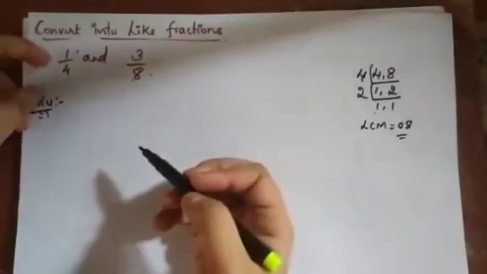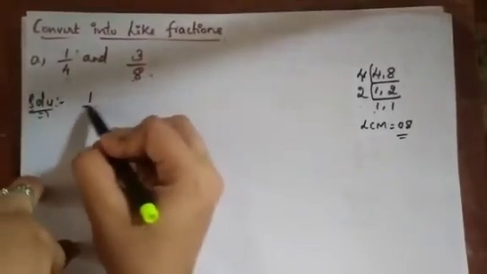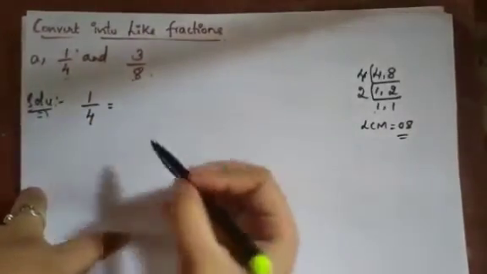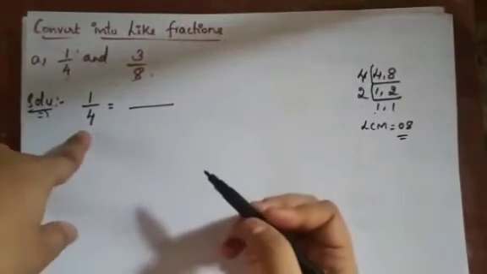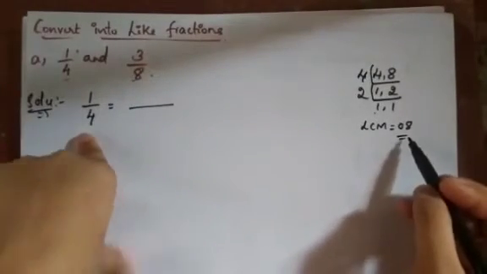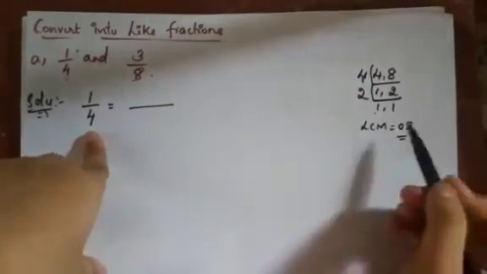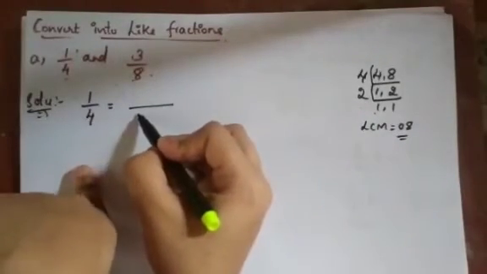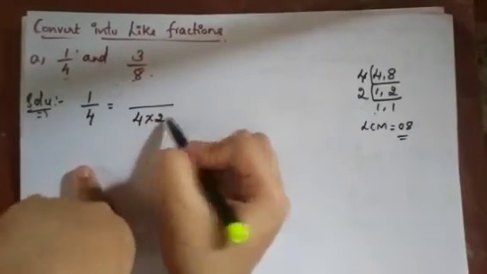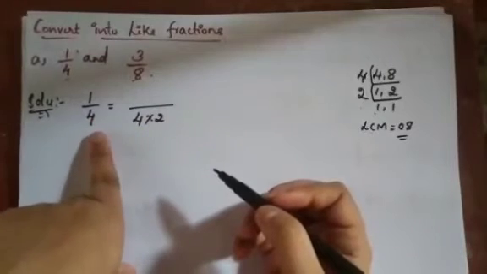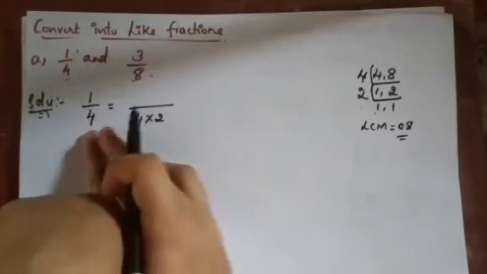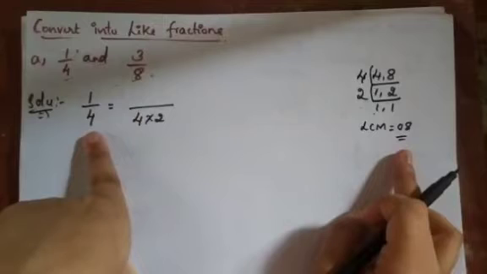Now I will take one term. First, 1 divided by 4. The denominator is 4 and the LCM is 8. To make 4 into 8, what do I have to multiply 4 with? Yes, I have to multiply by 2. Always look at the denominator first, because I want to make the denominator common.